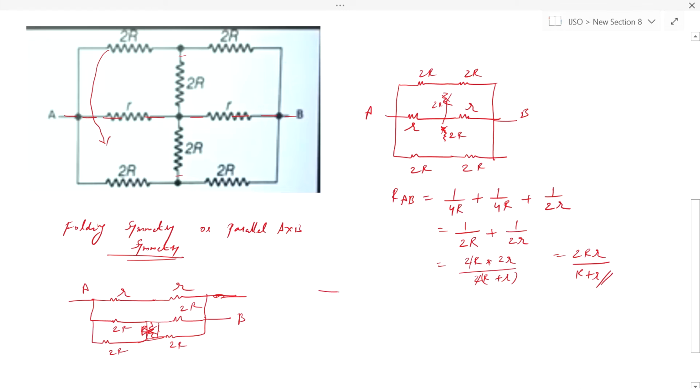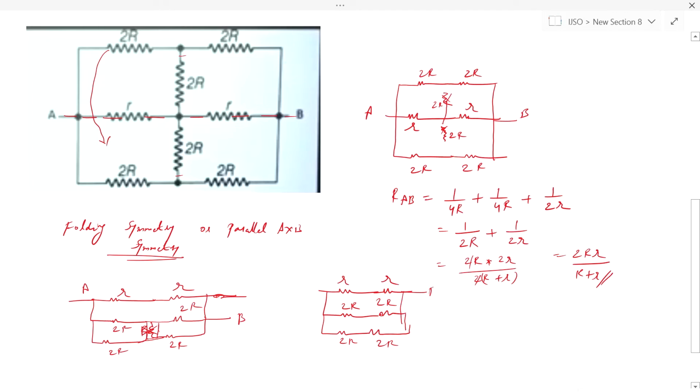So the question will be like this. Pay attention. This is R. This is R. This is 2R. Again, this is 2R. This is 2R. And all are combining.